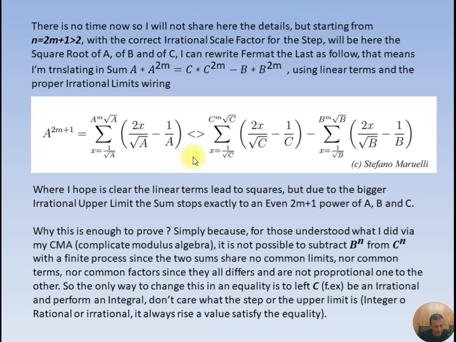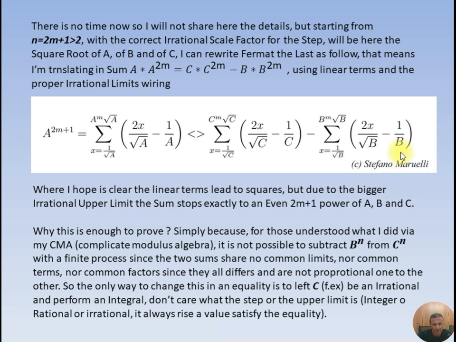And we are sure this is different from the sum representing c to the 2n plus 1, so with n odd, minus the sum representing b to the n with n odd, because we have no way to subtract this sum from this one, because we have different irrational factors here and no common factors, because remember Fermat's state, c, b and a do not have common factors.